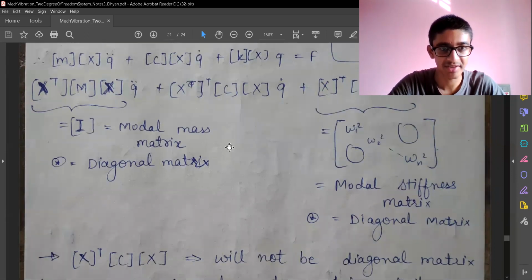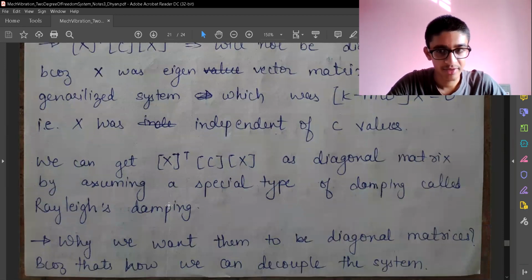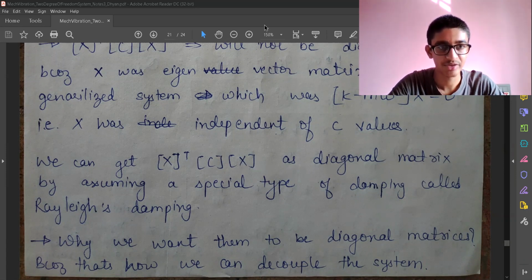We want to decouple the system; that's why we want only diagonal entries. So if we assume a new type of damping model, the Rayleigh damping model, then we have diagonal matrices for this multiplication of matrices too. In that case, we can apply the eigenvalue problem solution and get the values of the response. So we'll end over here. In the next video, we'll start on the details of Rayleigh damping.